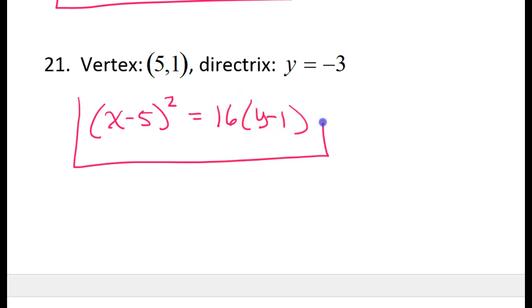And that's it. That's the standard form equation of the parabola with this vertex and this directrix.